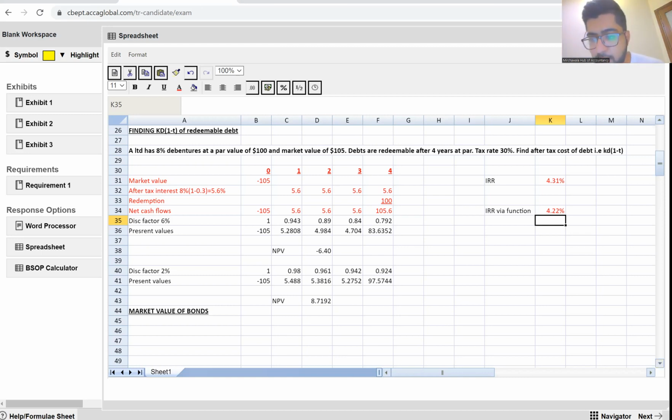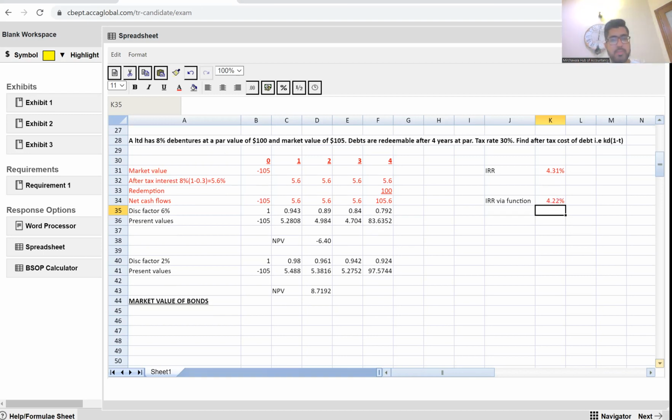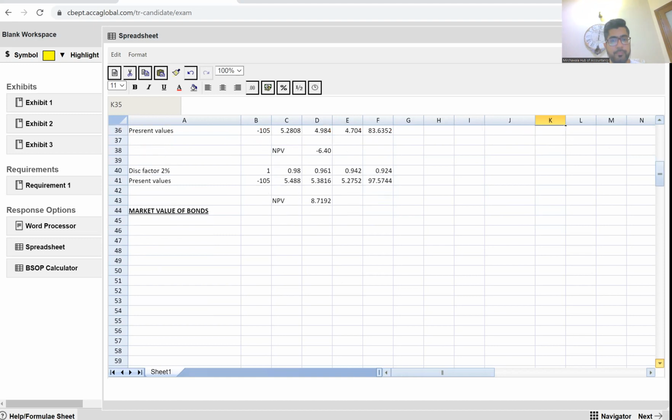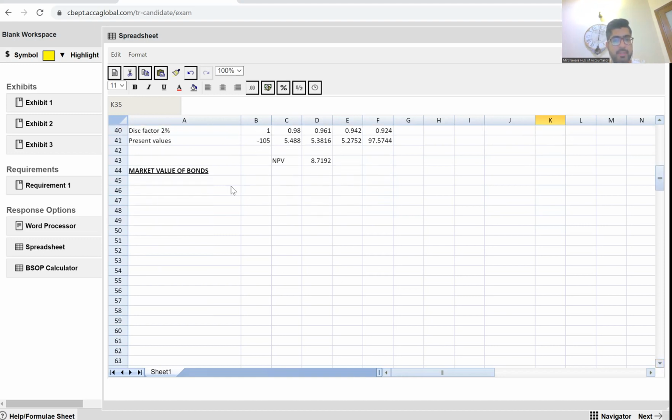Okay, now one last thing: these functions are also going to help you in the topic of market value of bonds. As you have studied, the market value of bonds is the present value of all future outflows of a bond.